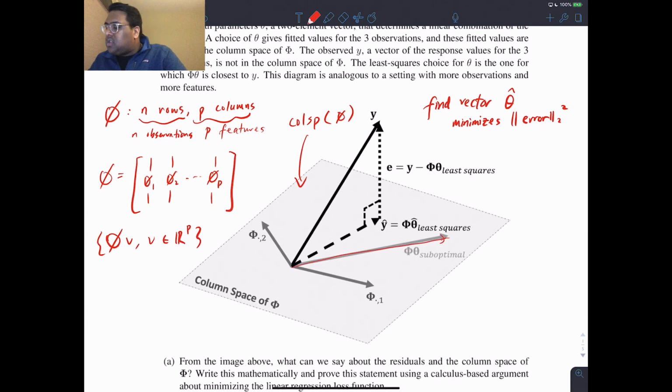As an example, it really could look like anything. In this case, the error vector y minus phi theta might look something like this. I'll just call this error 2 for now.